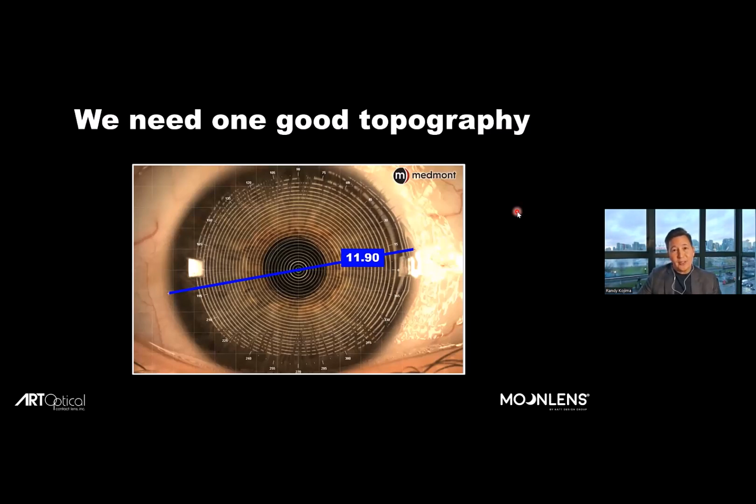So in this case, if we subtract 0.8 from 11.9, we should be in an 11.1 diameter Moon lens. The idea is that Art Optical wants the Moon lens to be the appropriate size for every eye. We're not going to design a tiny lens for a big eye or a monster lens for a small eye. Let's make sure we get the appropriate size and depth on every patient. So that one's really important.